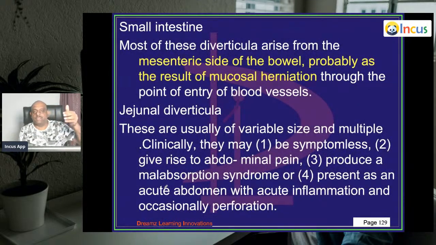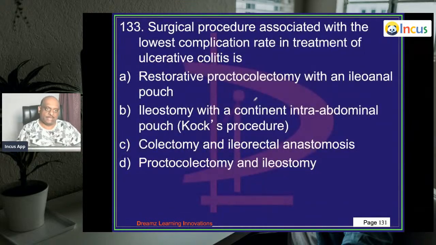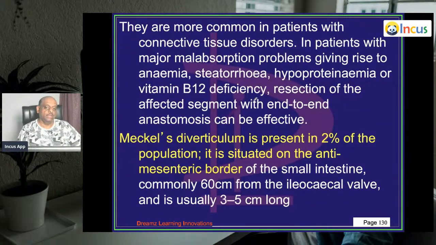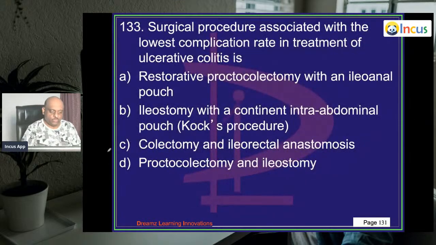And where are these diverticulae located? They are on the mesenteric side of the bowel, because of mucosal herniation occurring wherever there is a point of entry of a blood vessel. Whereas Meckel's diverticulum is situated on the anti-mesenteric border. That's what you should remember.